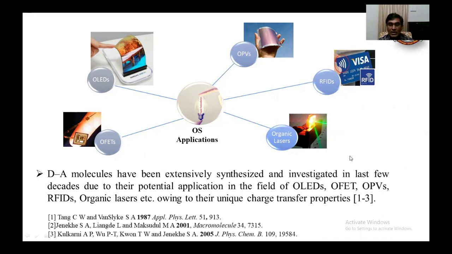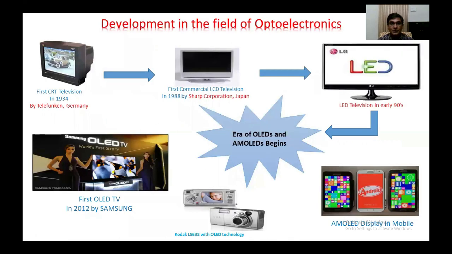Now, if you see the development in the field of optoelectronics, that is the display technology, in the past we were using big televisions. The television sizes were very big because they used cathode ray tubes. The first CRT television came into the market in 1934 by the company Telefunken in Germany.